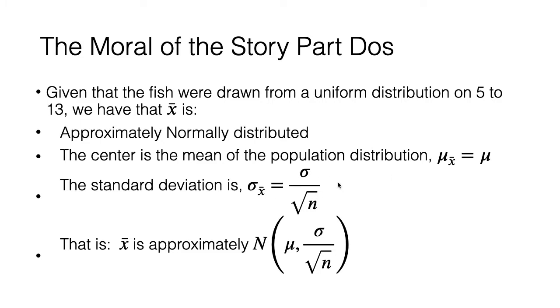And notice the standard deviation is the population standard deviation over root n. The moral of the story here is that X bar is, and it's this word right here, approximately normal. Notice that when we had a normal population data set, we were guaranteed normality in part 1, and in part 2, this is approximate normality. All right, that's the difference between the two.